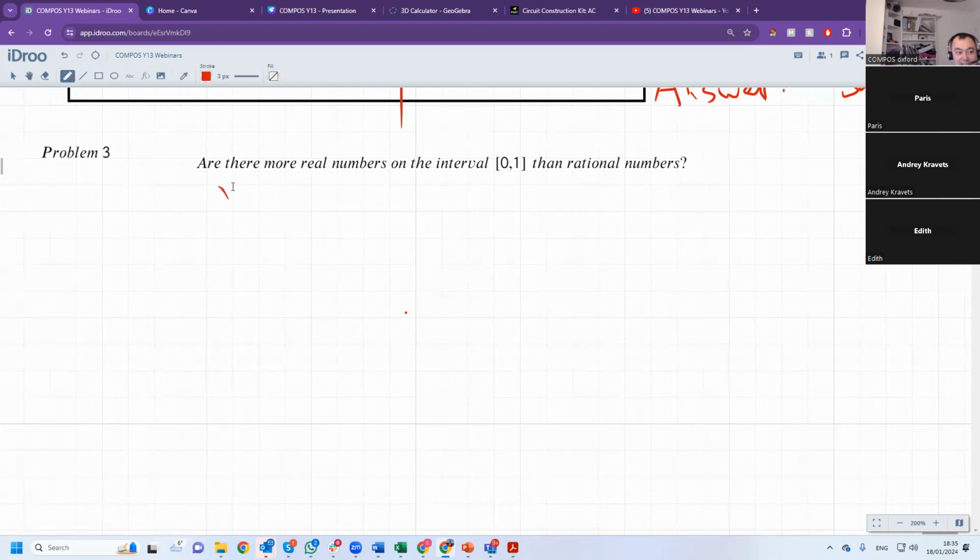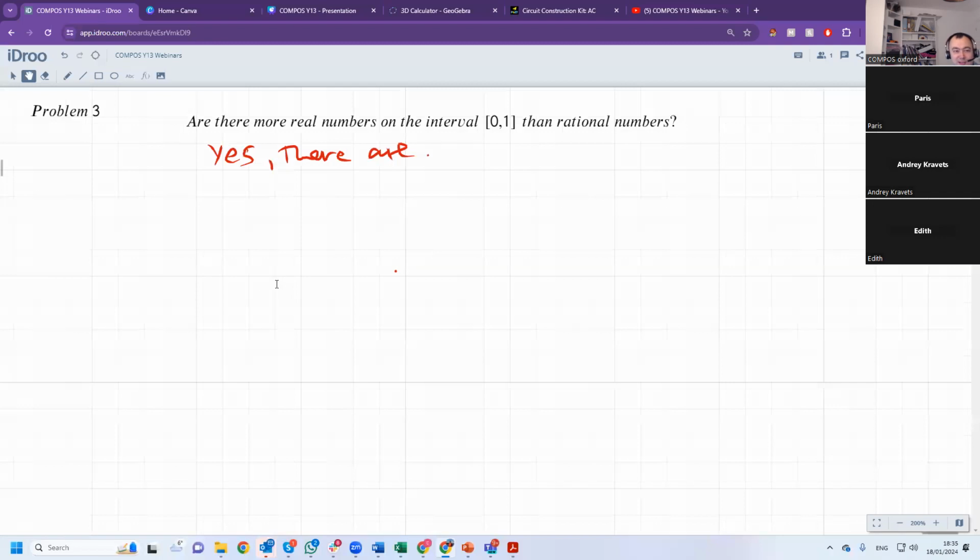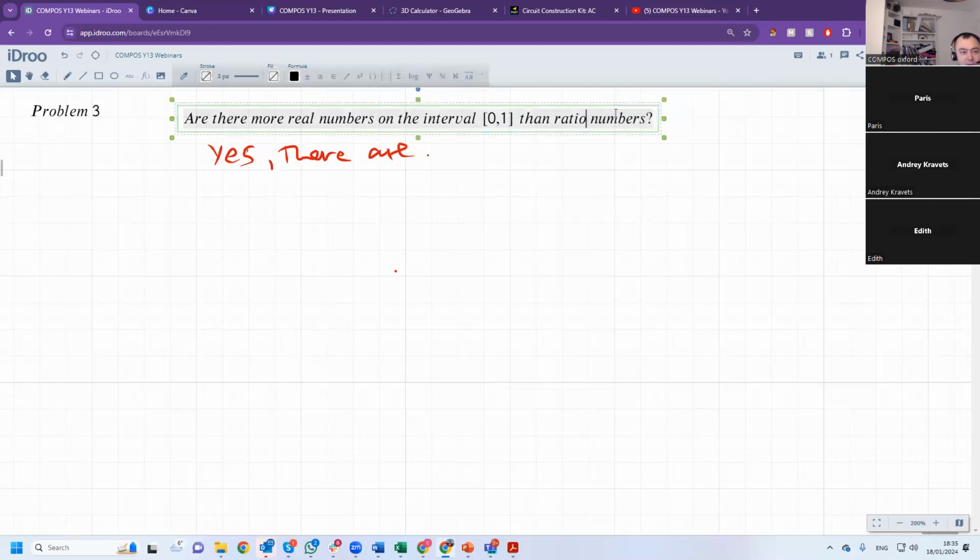The short answer is yes. There are more real numbers than rational numbers. And I meant natural, but it doesn't matter because there are the same number of rational numbers as natural numbers.